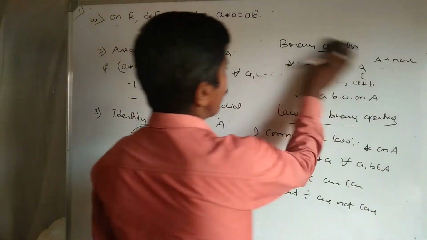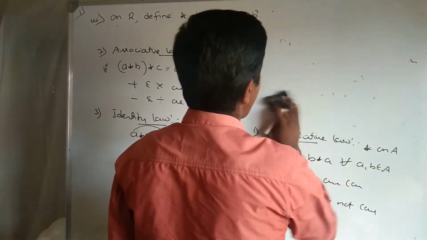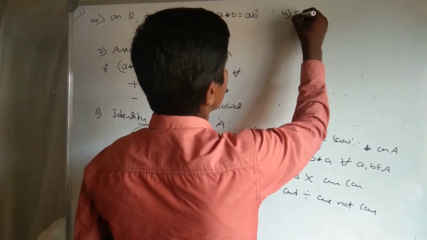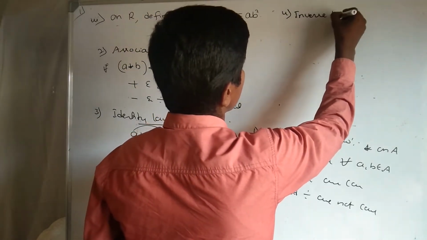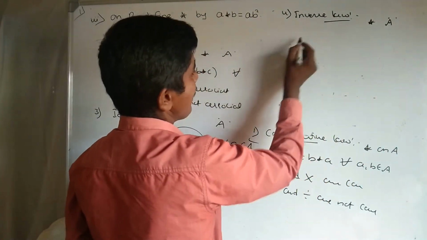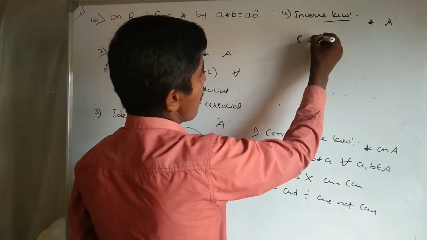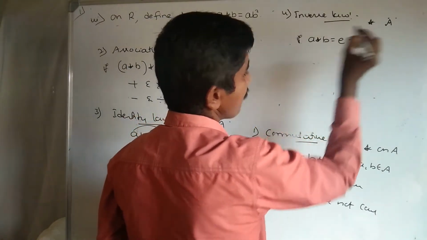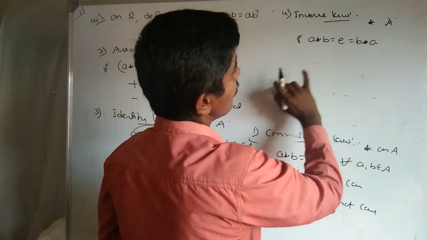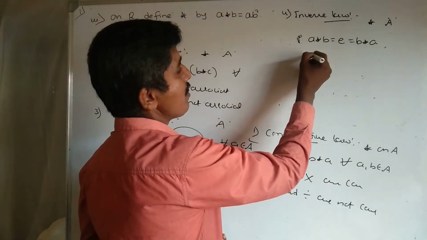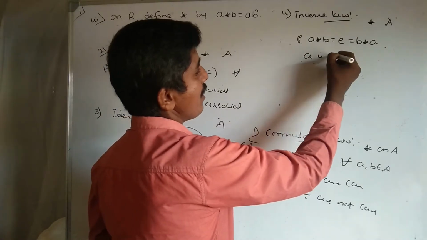So next, fourth one, inverse law. Star is a binary operation on non-empty set A. If a star b equals e equals b star a, for a, b belonging to set A, then we say that a is invertible.